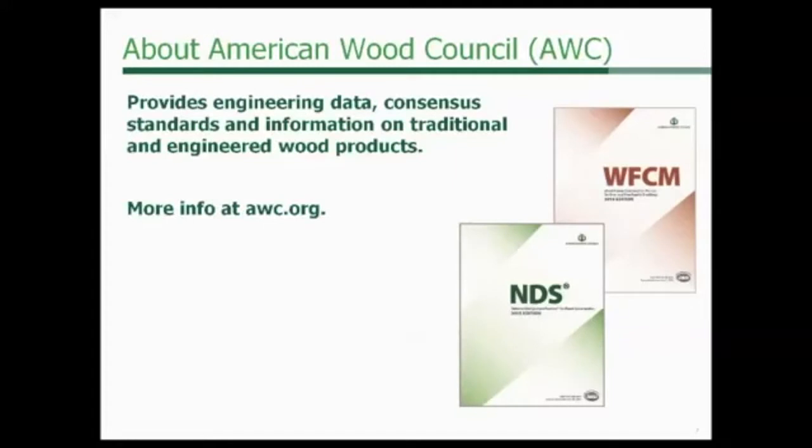The American Wood Council, you may know it by a previous name, the American Forest and Paper Association. There is still an American Forest and Paper Association. We are a separate entity now. We always have been the same group, though, the membership organization that does primarily 3 things.